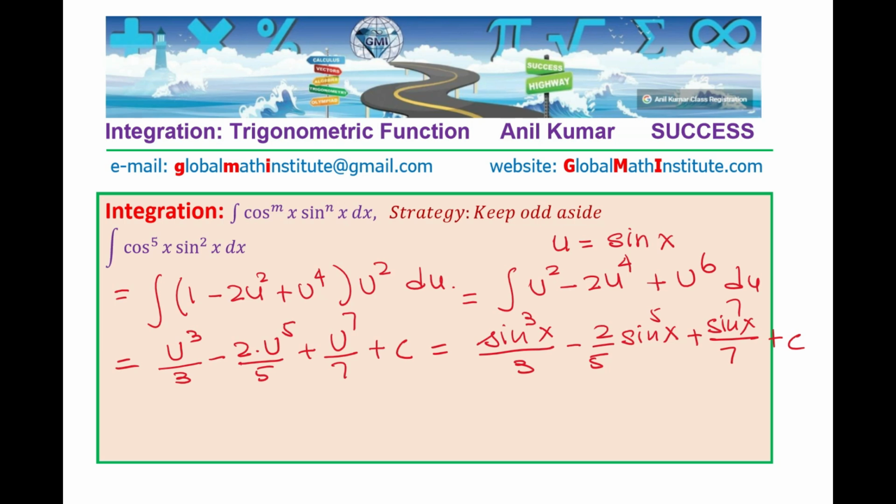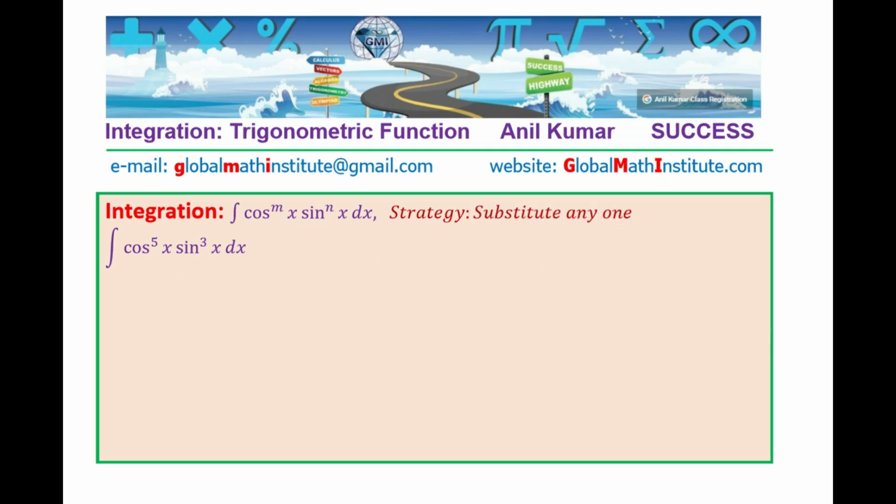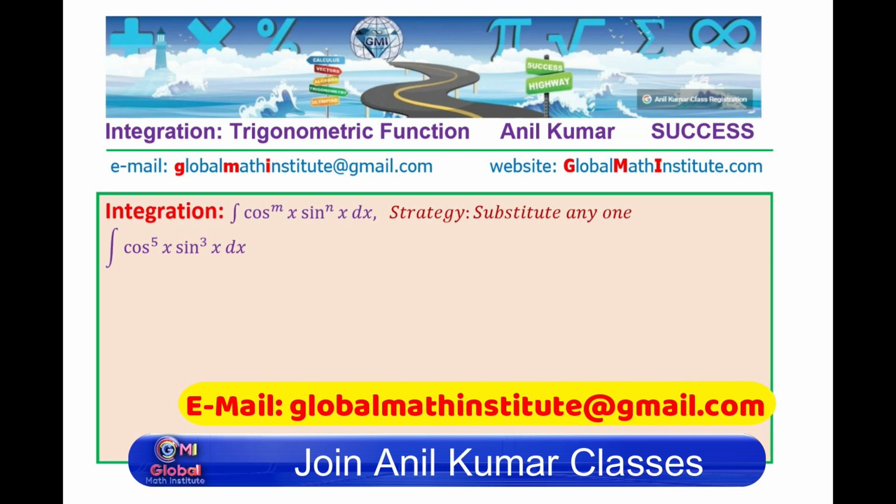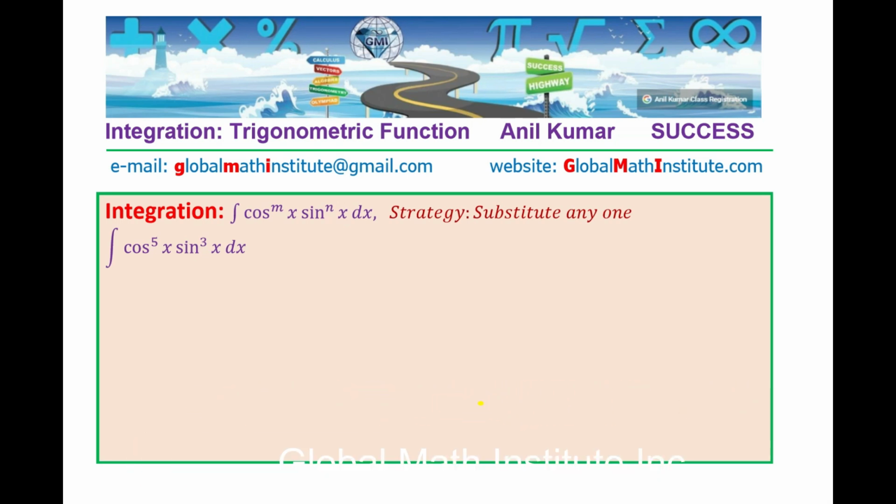So you see how this strategy to keep odd aside really works, right? Now what happens when we take both as odd, right? So here is another example where cos to the power of 5x and sine to the power of 3x dx is to be considered. Now in this particular case, what are we going to do? Because both are odd, we could actually take any one of them as u, right?